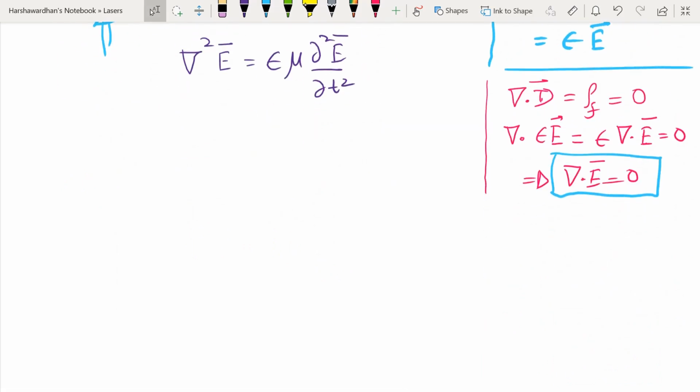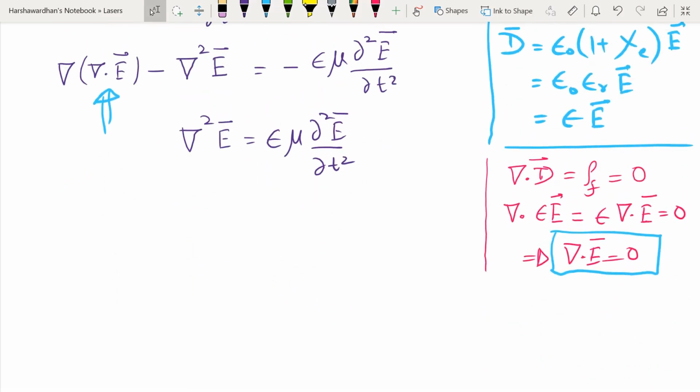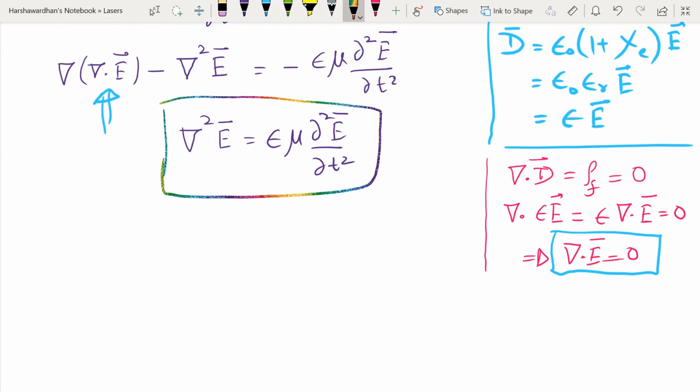Now I'd like you to look at this wave equation and identify for yourself what is the velocity of this wave in this medium. If you do that, you will see that this epsilon mu factor can be identified as the 1 over velocity square factor, which arises in typical wave equations.